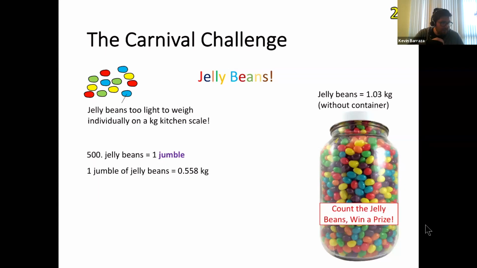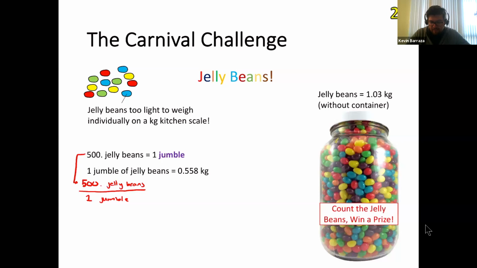So we can go ahead and rewrite our information. 500, and I'll say to the nearest one, so 500 with 3 significant digits, jelly beans is one jumble. Remember, anytime I have a relationship where this much is equal to that much, that can be a conversion factor.